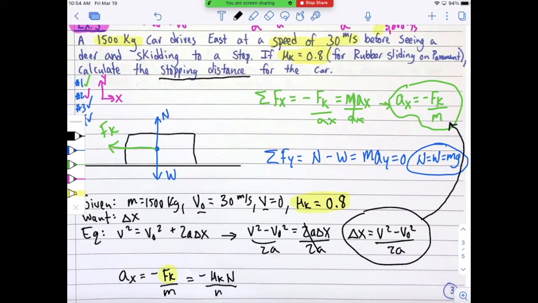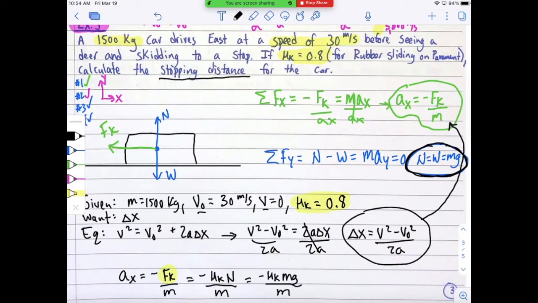So I'm just going to substitute that in there. Basically all I did is I said fk is equal to mu k times n. And then you're like, oh, but we don't know what n is. That's not one of our givens. But we do have this equation, n equals mg. So let's substitute in mu k times n, where n is equal to mg.